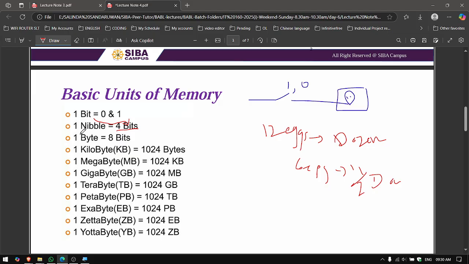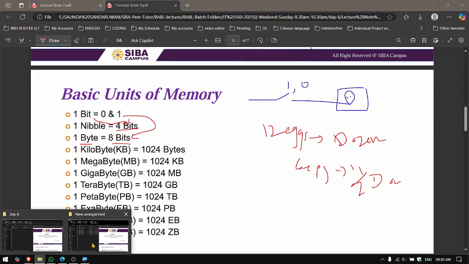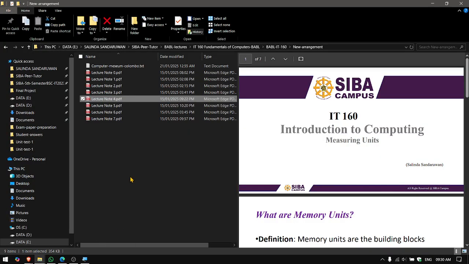Then skip this one and see 8 bits. This is popular. A group of 8 bits is called one byte. If you go and see your files, sometimes you can find byte-sized files, right?